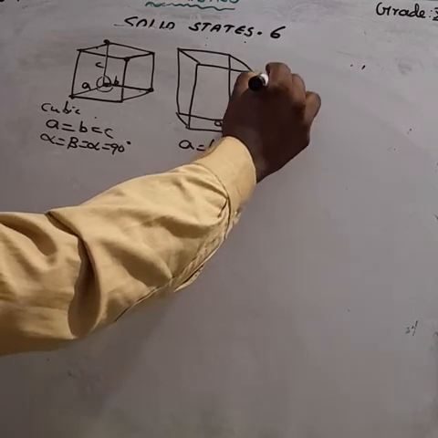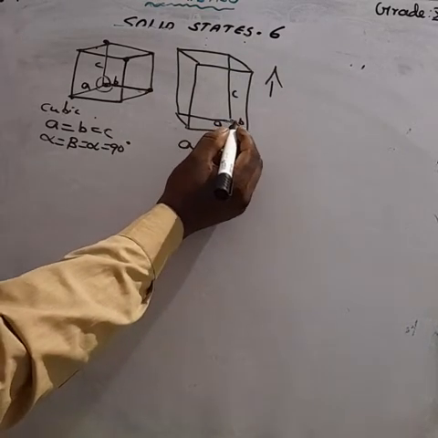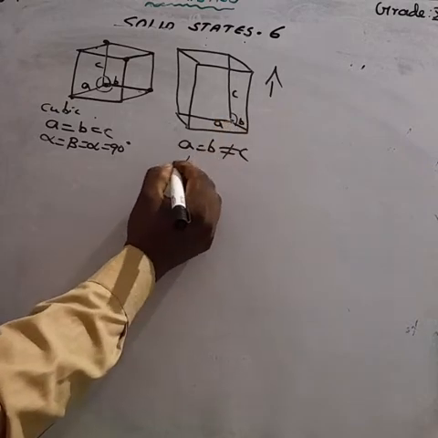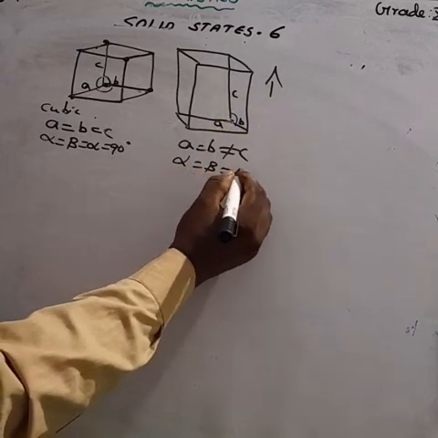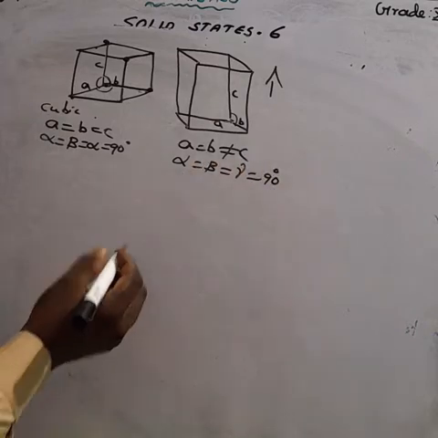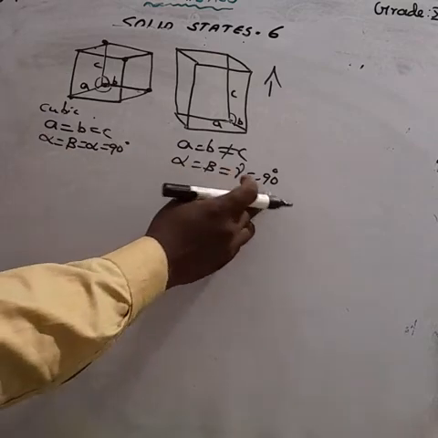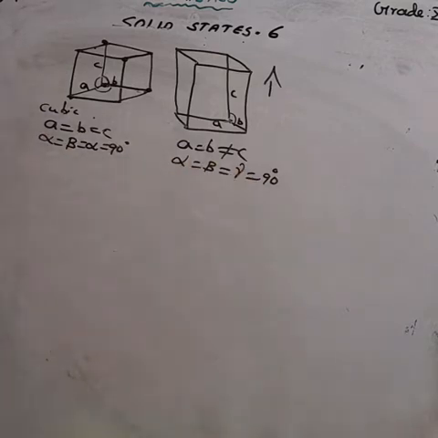So a is equal to b, b is not equal to c. Here alpha equals beta equals gamma equals 90 degrees. That is about tetragonal.